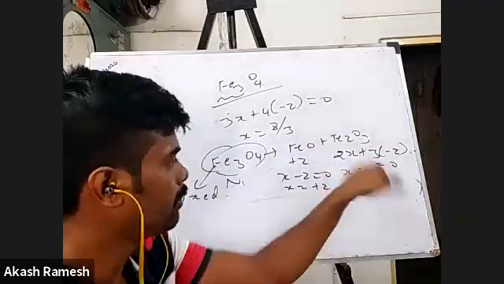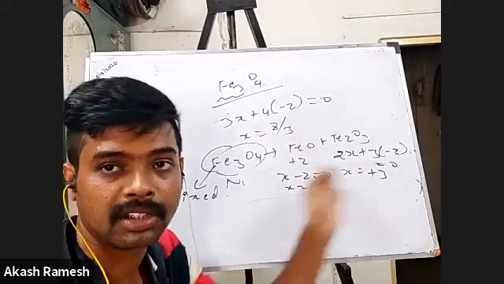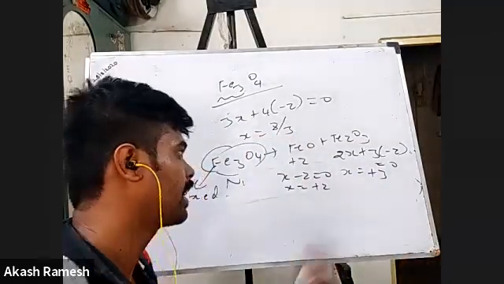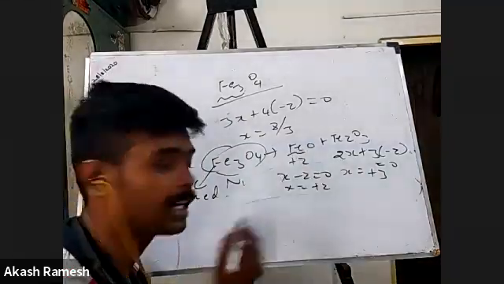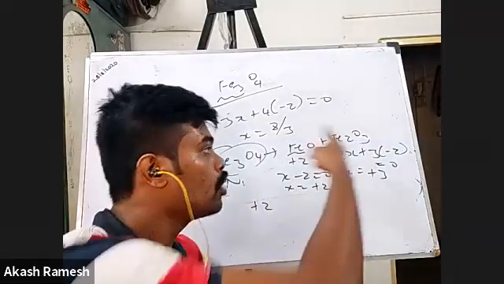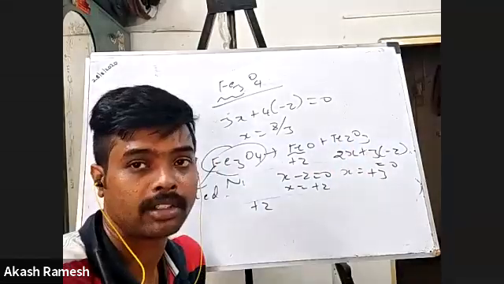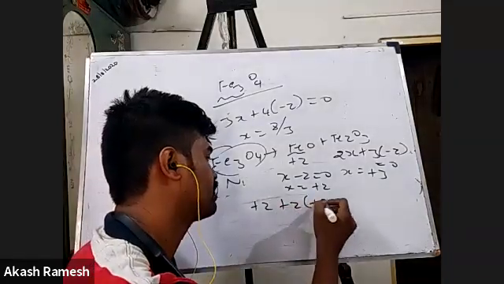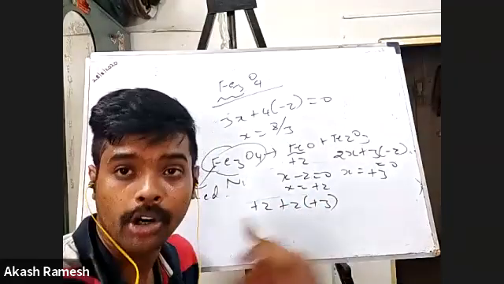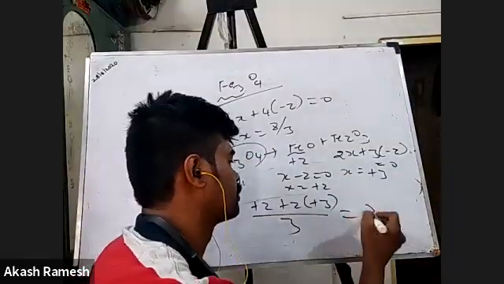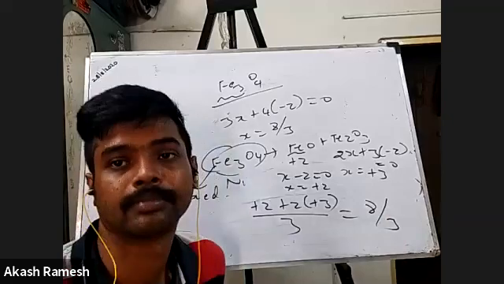Now I can connect this 8 by 3 with this. It's very simple. There is one iron atom having a charge of +2, and there are two iron atoms having an oxidation number of +3, so 2 into +3. Totally 3 iron atoms, giving 8 by 3.